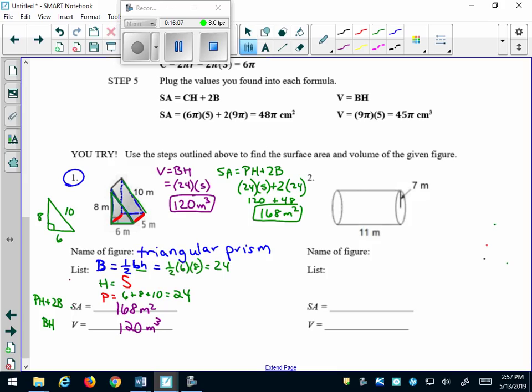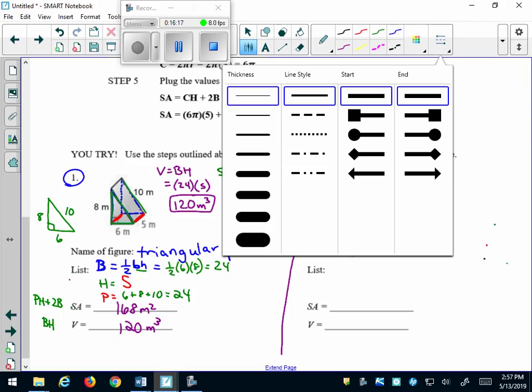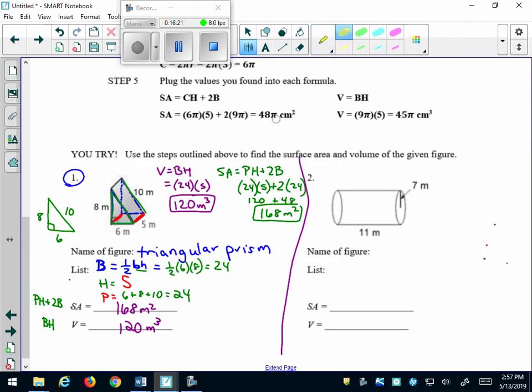Okay, let's do the same thing, only with a cylinder. Same process. Remember that the key is to identify the base correctly. So that's really what you're going to focus on here. And sometimes it's helpful to sort of shade in your bases. I mean, it's obvious with a cylinder, but when it says that in the steps, it's just to identify those bases.